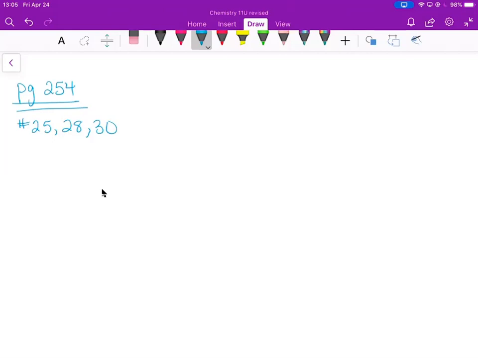Okay, so now the mass of N2H4 is going to be 3.239 moles, and I'm multiplying by the molar mass. So multiply by 32.06, and I get 104 grams.